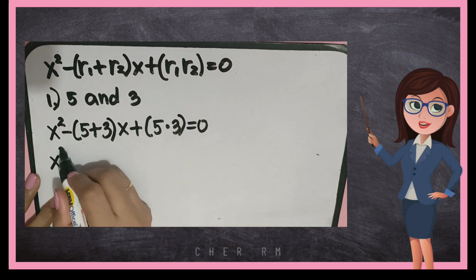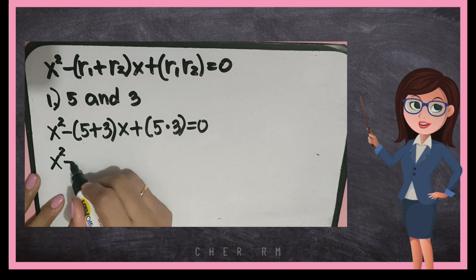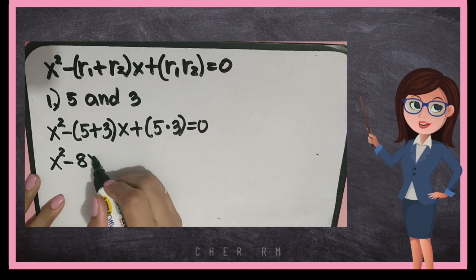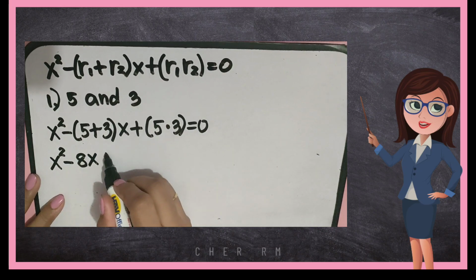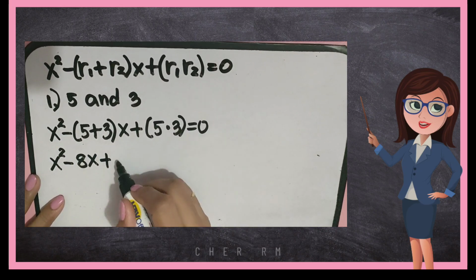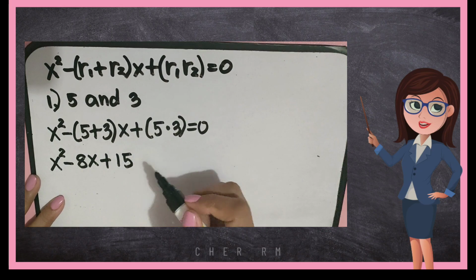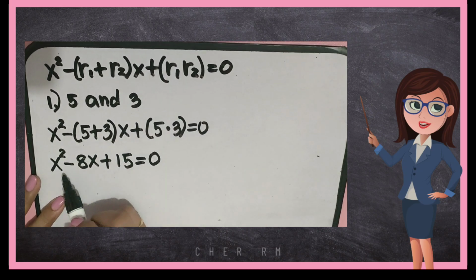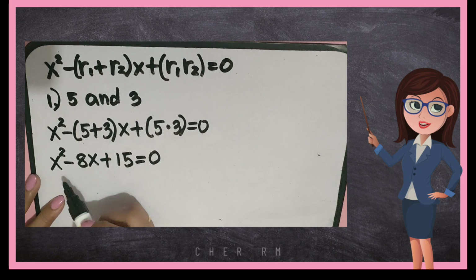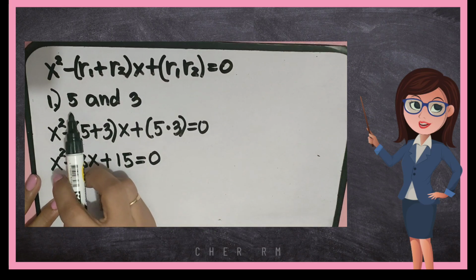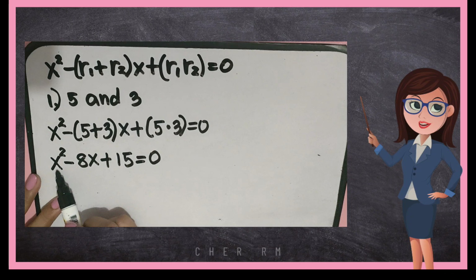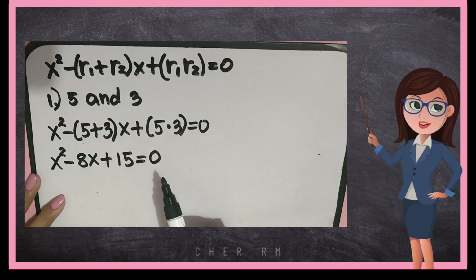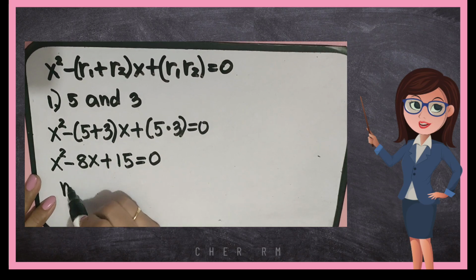We rewrite x squared minus sign 5 plus 3, that is 8, and then copy the variable x, the positive sign, then 5 times 3, and that is 15 equals 0. Now the quadratic equation in standard form of the roots 5 and 3 is x squared minus 8x plus 15 equals 0. This is the first method.